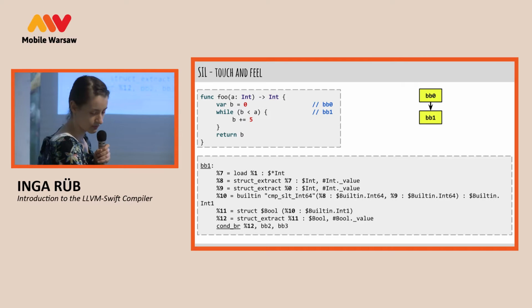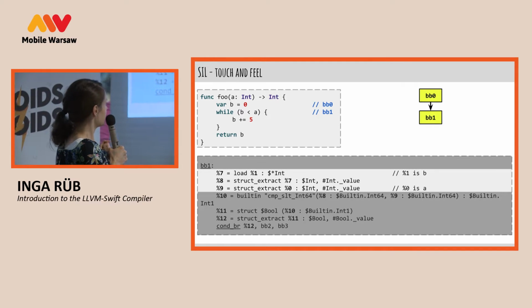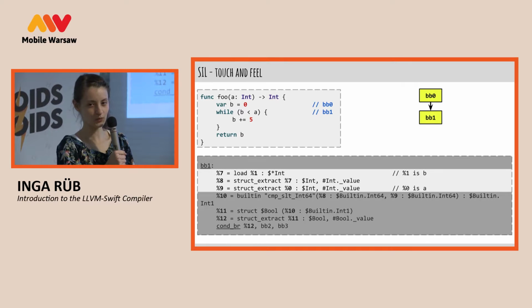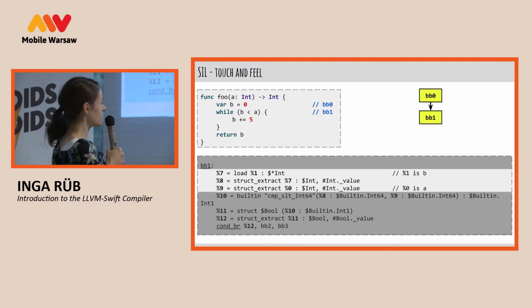And the code we have below, let me analyze it. At first, what we do is we retrieve the value of b. You remember that %1 was the place where we kept the b variable, right? So we load the value. So now the %7 is equal to 0.